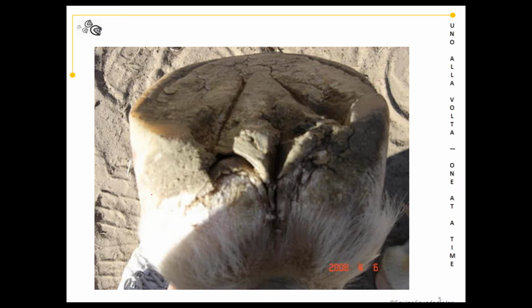If you have heel contraction and high heels or underslung heels, you also usually have sole contraction. It is one of those contractions that usually comes with everything else. A sole contraction means basically that there is too much sole to allow the hoof to expand upon weight bearing. It just keeps everything together.